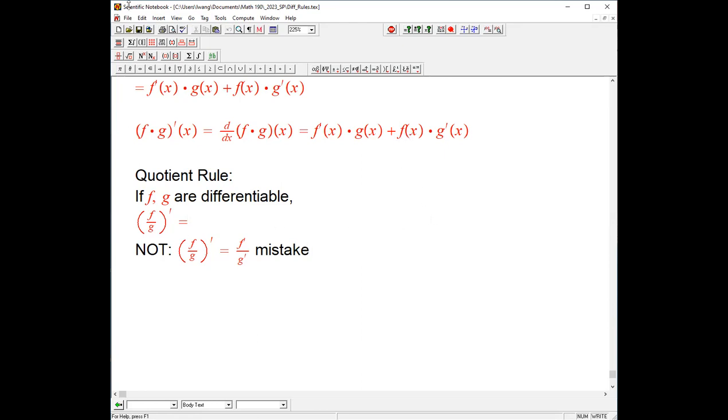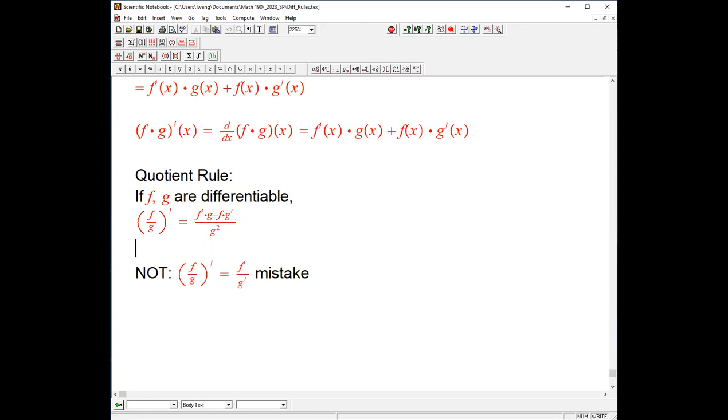So what is it? Of course, some of you know the formula, some of you don't. It is actually not very intuitive. It's g squared on the bottom, and on top there's a difference, but the difference has to be in the right order: f prime times g minus f times g prime.